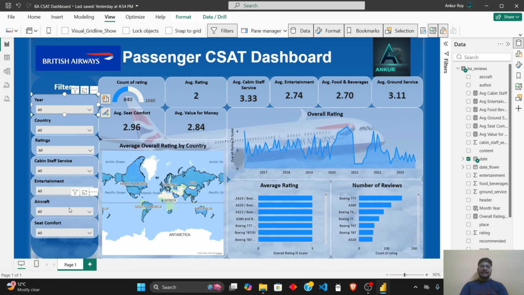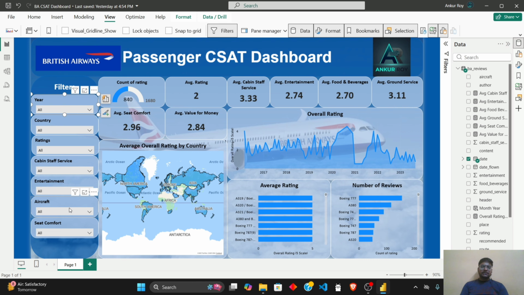To summarize the insights from this dashboard, British Airways demonstrates strong performance in staff-related service, which is a critical foundation for positive passenger experience. However, there are clear opportunities to improve value perception, entertainment, and food services, all measured consistently on the 0 to 5 satisfaction scale.